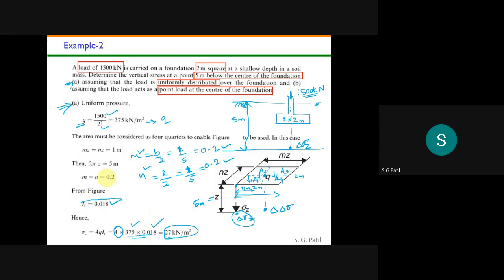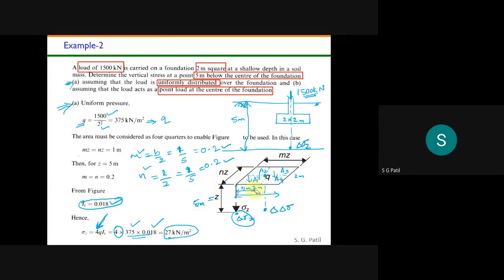Once I get the influence factor, simply multiply with the intensity of loading, and then the number of those small rectangles. Any doubts here? Why am I multiplying by 4? Because I am calculating the stresses for these smaller rectangles.